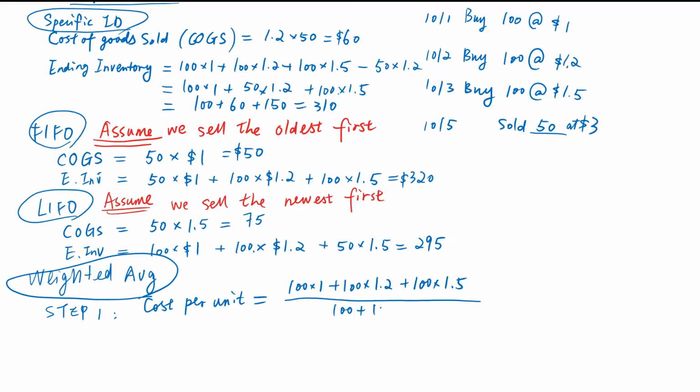100 plus 100 plus 100. So on top is the dollar value, and the bottom is how many apples we have.